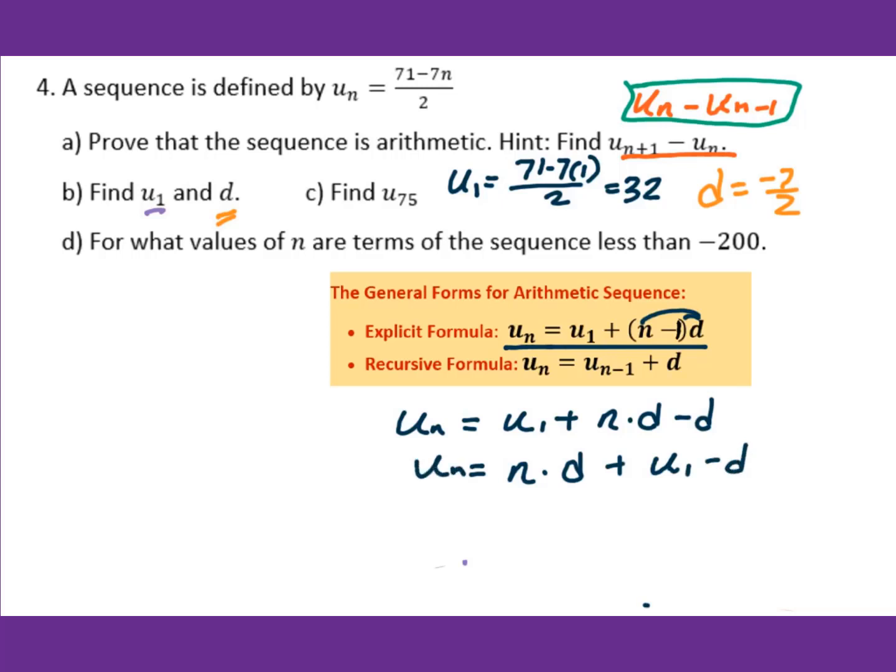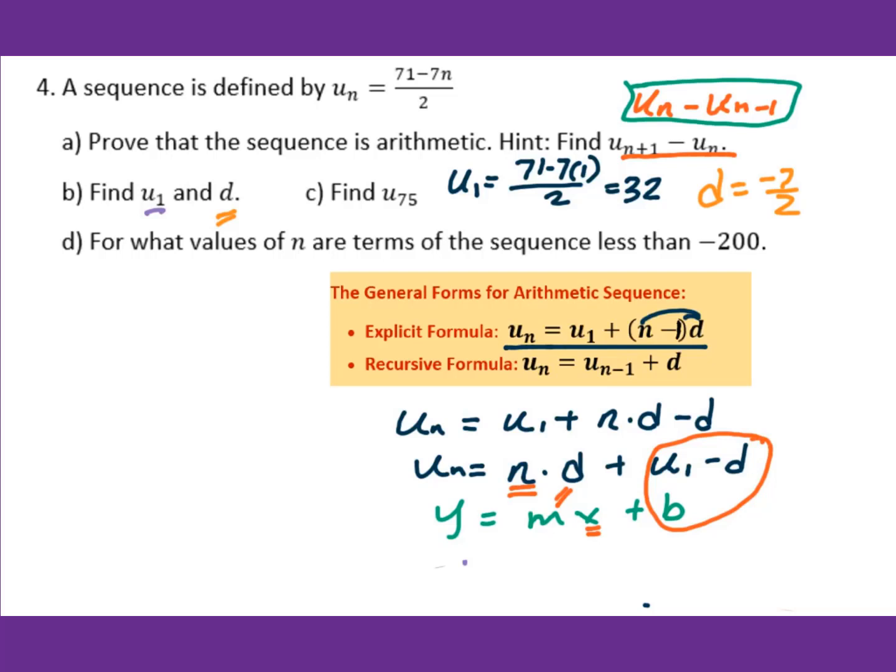Then you compare that to y equals mx plus b. For an arithmetic sequence, n will be the independent variable. For a linear function, x will be the independent variable. Therefore, m equals d, and b equals the first term minus the common difference.